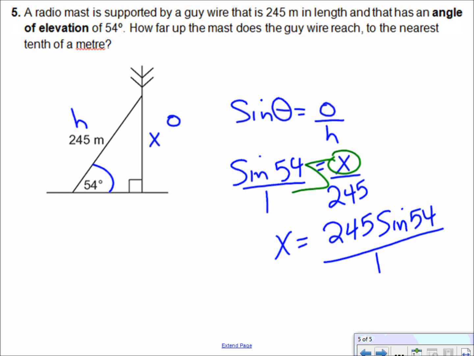Or you need to close the bracket and put in another multiplication sign. But if you put the multiplying number in front, it works every single time. So in this case, I have 245 times sine 54, oh, I did sine 4.